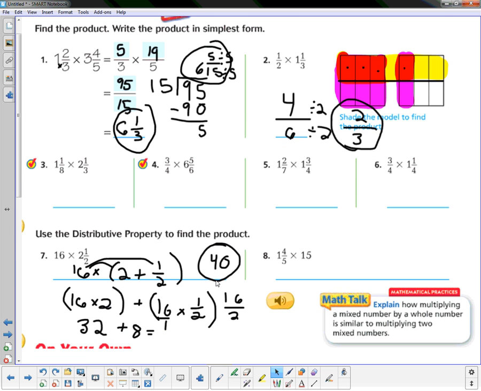So get a different piece of paper, use your journal to show that you're working on this problem. 1 times 8 is 8, plus 1 is 9, and the denominator stays the same. And then I'm doing 3 times 2 is 6, plus 1 is 7.